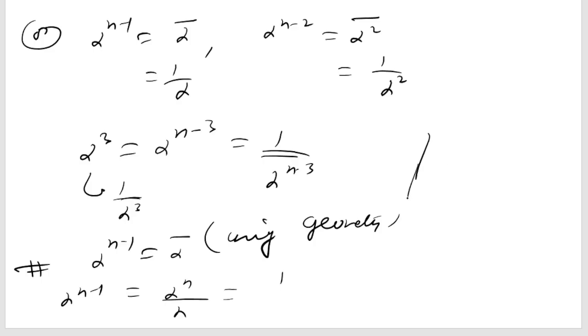Why 1? Because z to the power n is equal to 1, so z will be 1, alpha, alpha square and so on, they all satisfy. So alpha to the power n is 1, and this is 1 divided by alpha, and 1 by alpha is nothing but alpha bar. In that way also we can prove that alpha to the power n minus 1 is alpha bar.